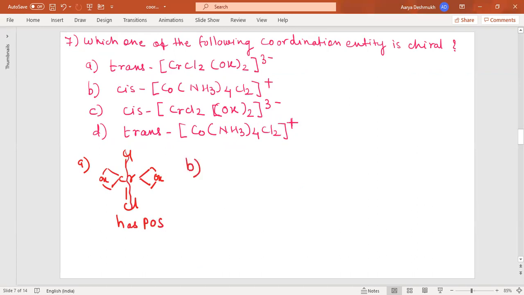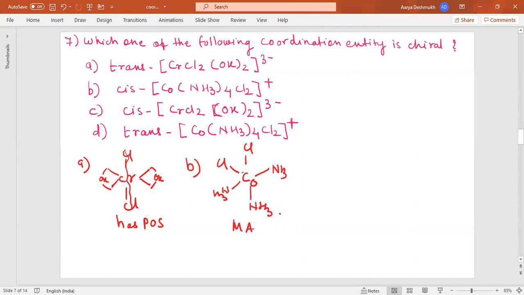Then option B is [Co(NH3)4Cl2]+. So this is an Ma4B2 type of complex, isn't it? I can draw the structure for this: Co, Cl cis. I want the cis isomer. Then NH3, NH3, and NH3.